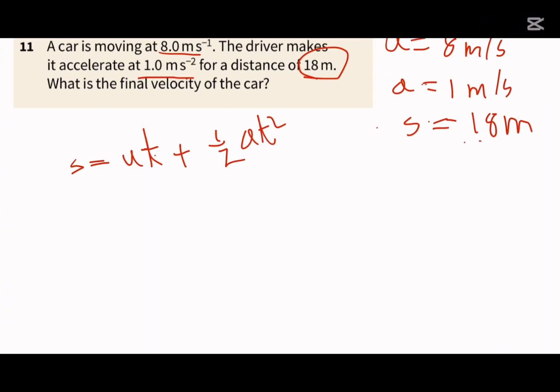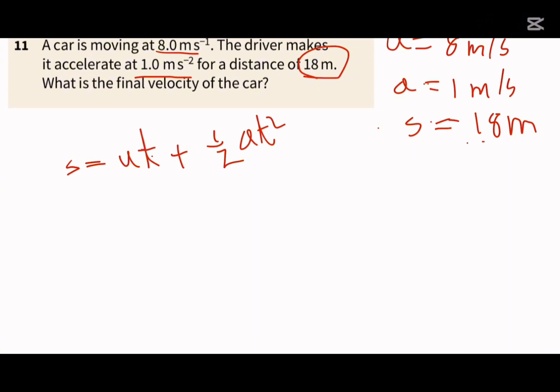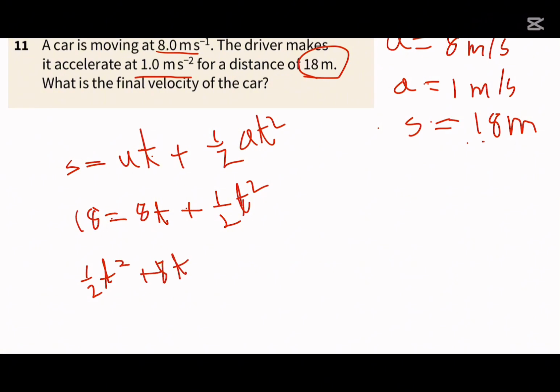So s is 18, u is 8, we don't know t, so it will be 8t, plus 1/2 a, which is 1/2 times 1, t squared. So this is a quadratic equation: 1/2 t squared plus 8t minus 18 equals 0.